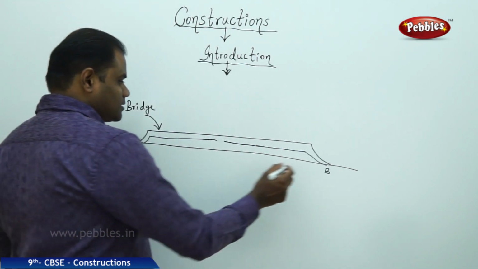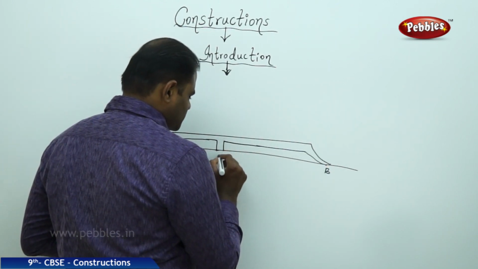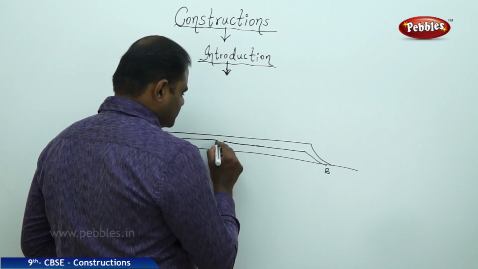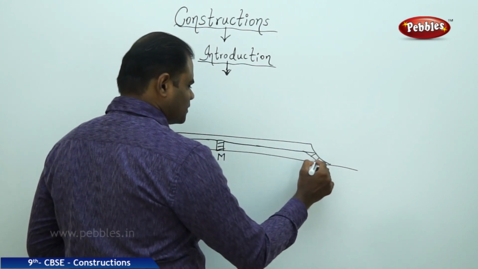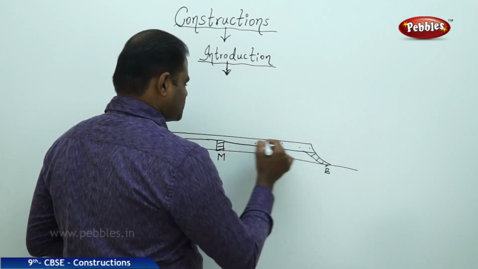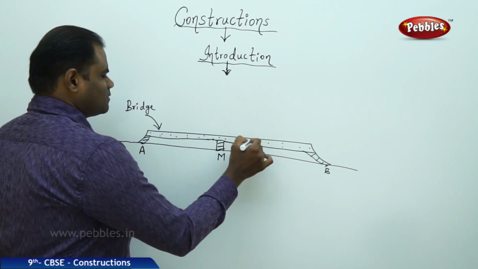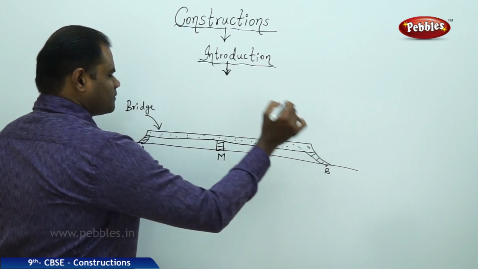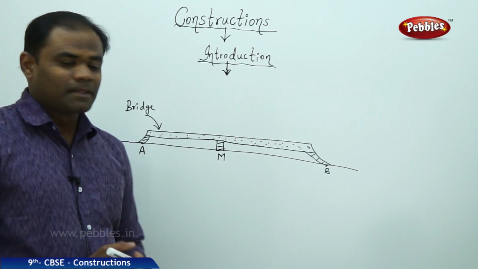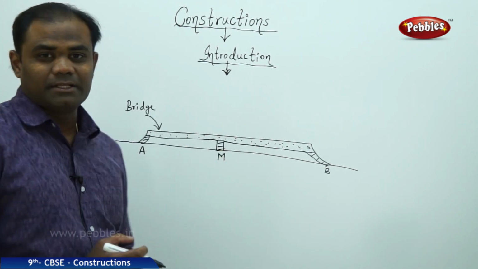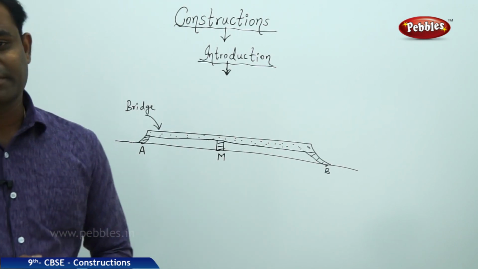So here he takes the line AB and tries to measure the midpoint, which is at this point. And then he uses the three pillars and constructs a bridge out here. So here is the bridge supported by the pillar exactly in the middle. That's how we understand constructions.